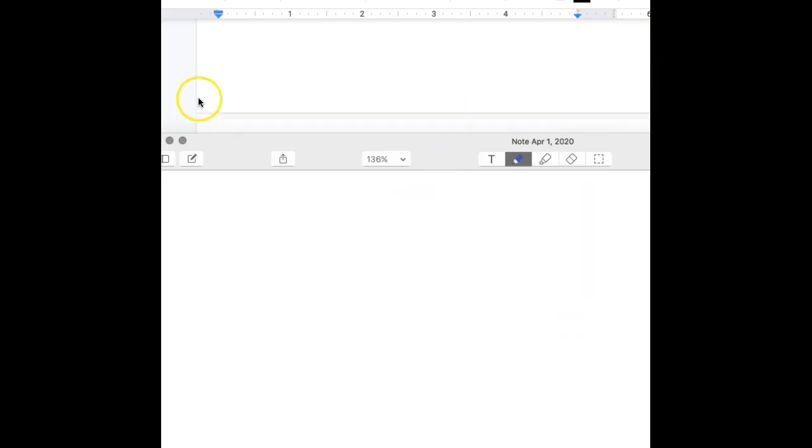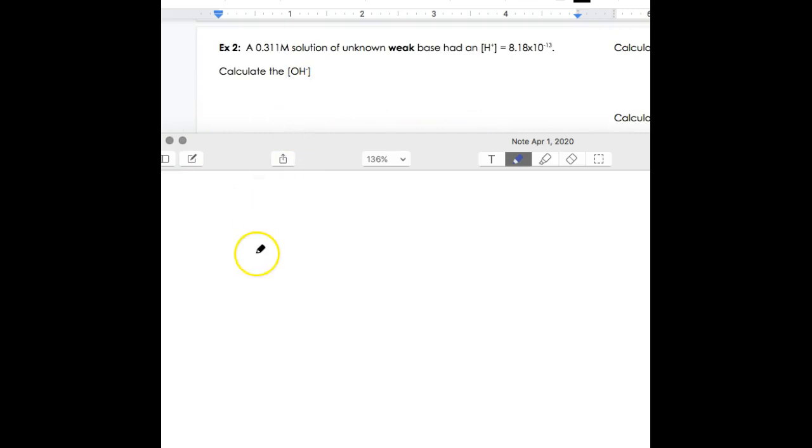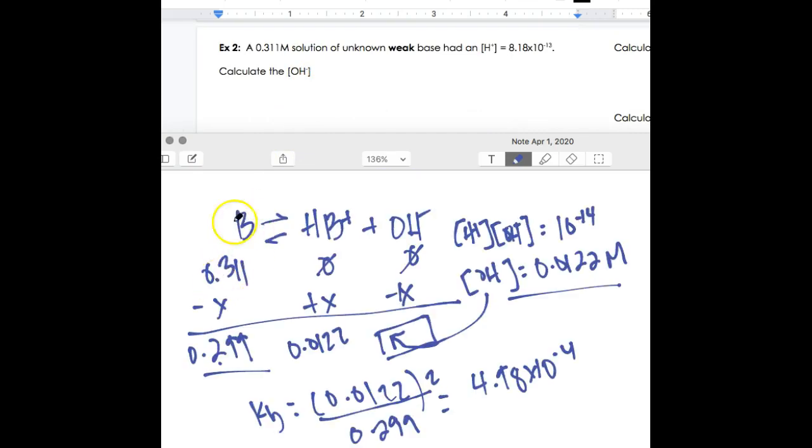Okay. What percentage of base is going to dissolve? So what we do is, it's usually a small number over a big number, so you just pick one of the two. I'm going to pick 0.0122 because that's one of our ions that forms.